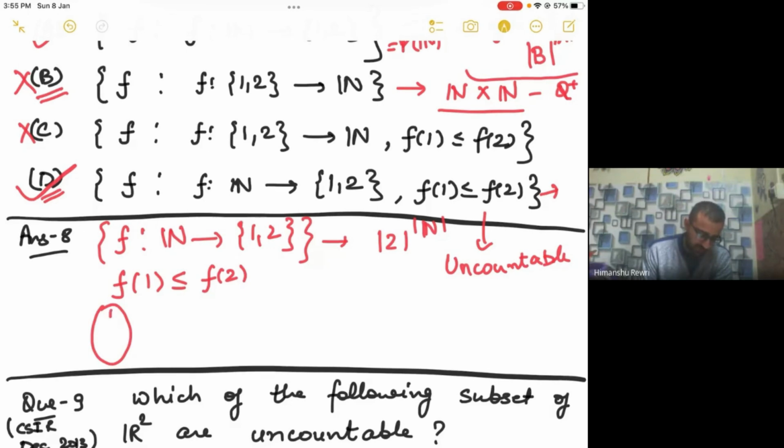So here this is 1, 2, and then there are the rest of the elements.